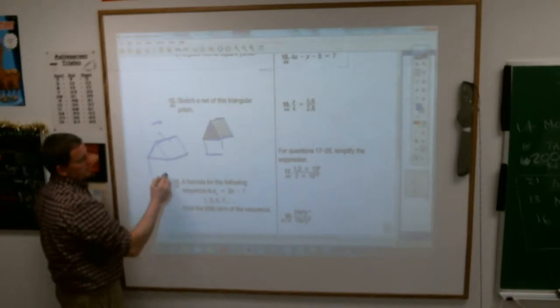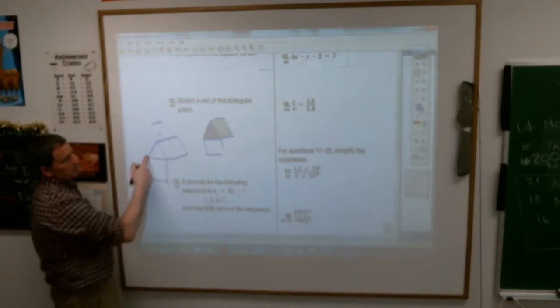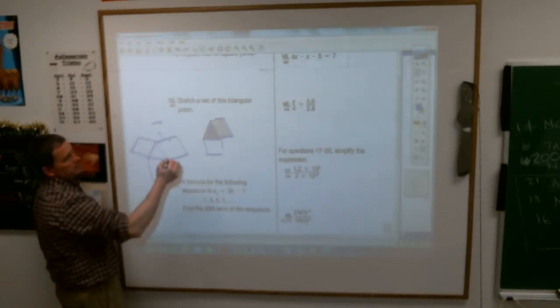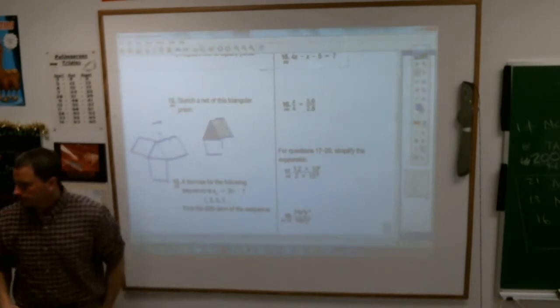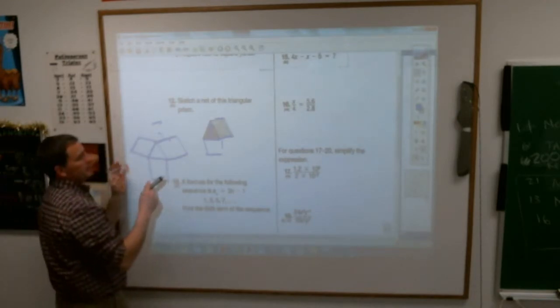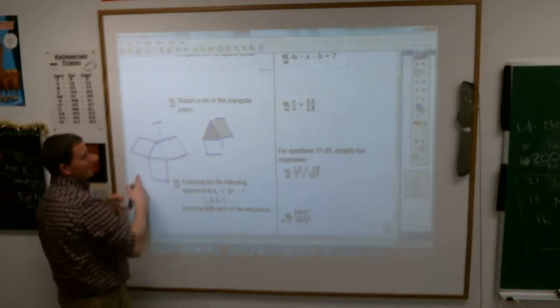There's a bunch of different ways to do this. What's connected on here? Another rectangle. That gives me the three sides. That gives me this, this, and this, and then the only piece that's left is the other triangle that's on the back, and you could connect that to any side.